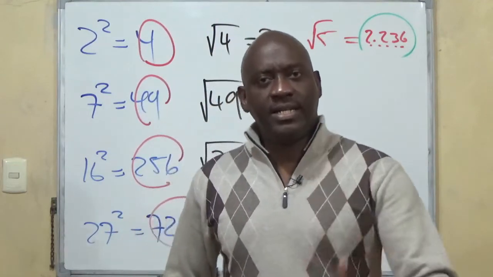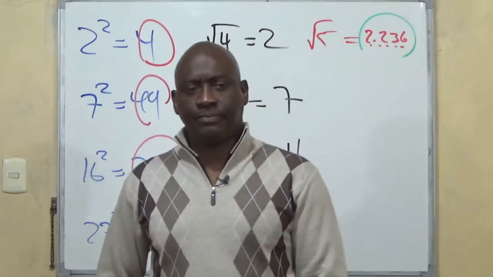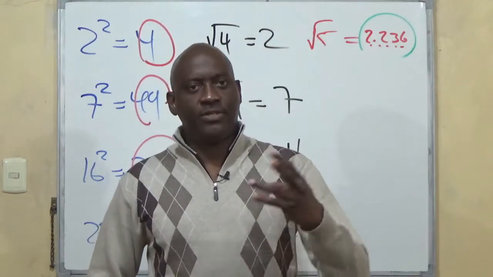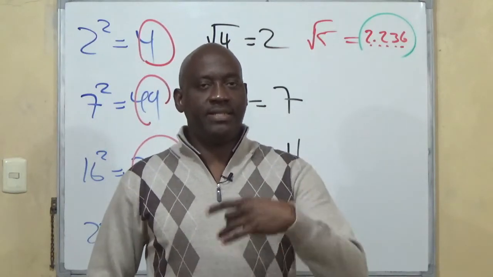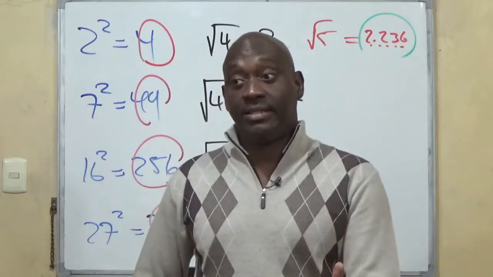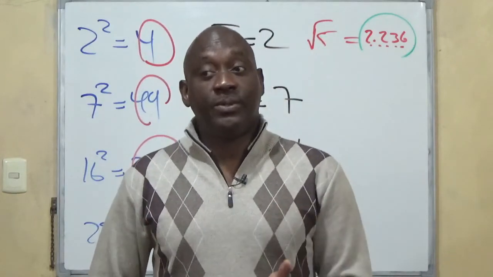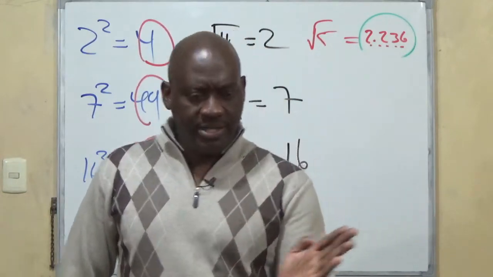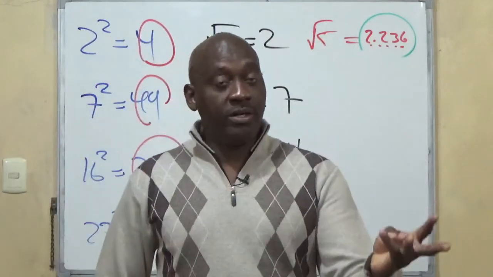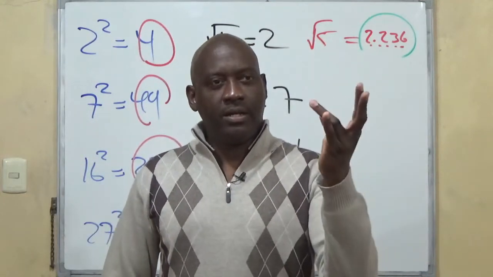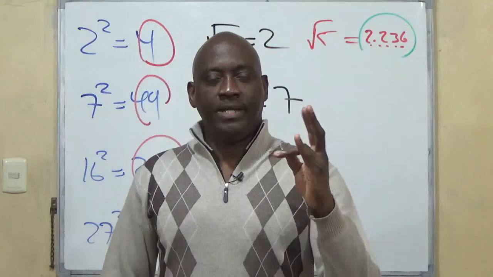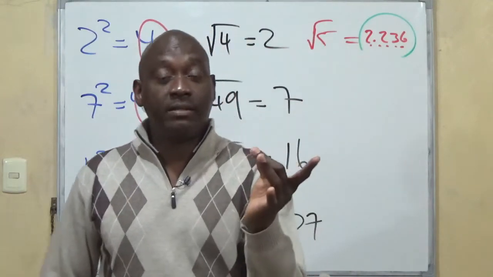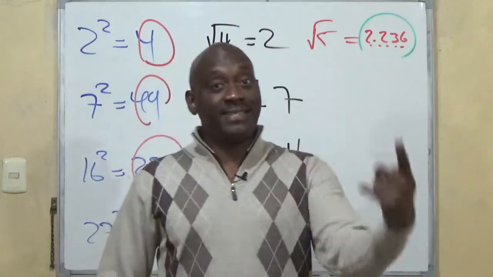So when you learn your squares and your square roots, 2 squares are 4, 3 squares are 9, 4 squares are 16, 5 squares are 25, etc., what you're essentially doing is learning a series of perfect squares. 1 is a perfect square. 4 is a perfect square. The next perfect square after 4 is 9. The next after 9 is 16.